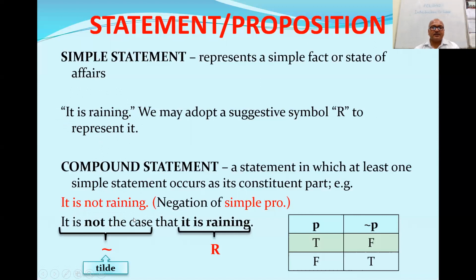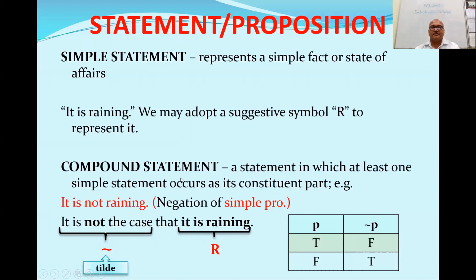Now, it is not raining is a compound statement. It is not a simple statement. Why is it a compound statement? You can see the rephrasing of this statement in the form given below: it is not the case that it is raining.